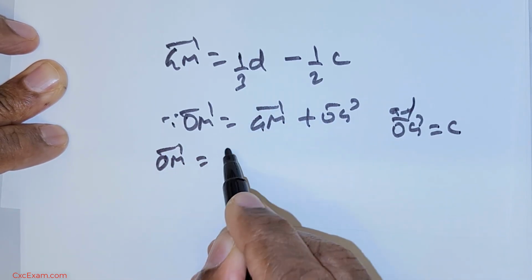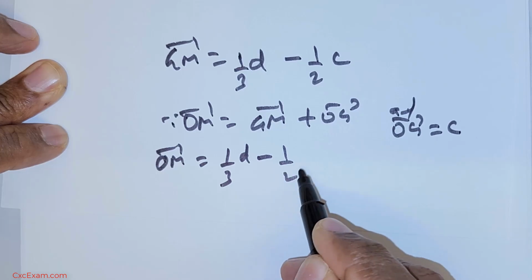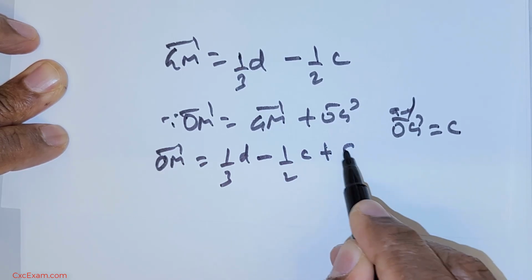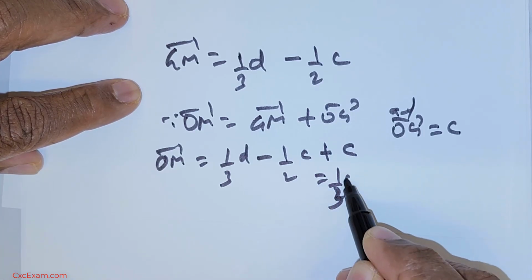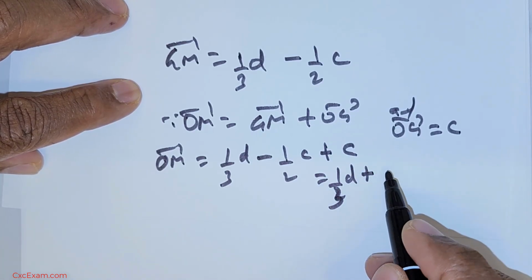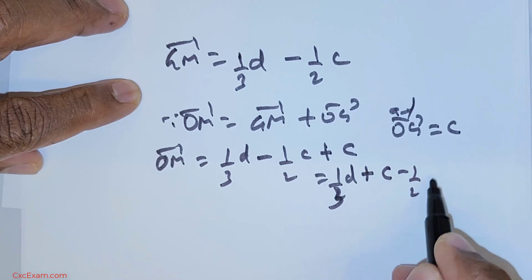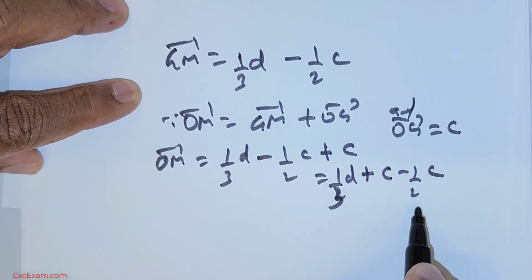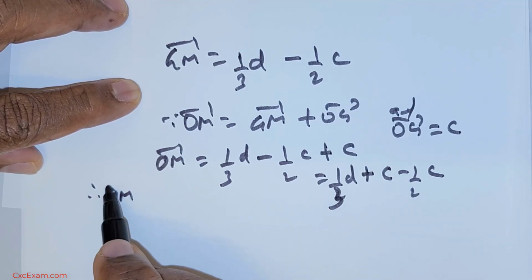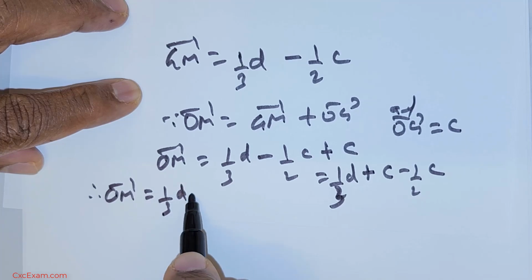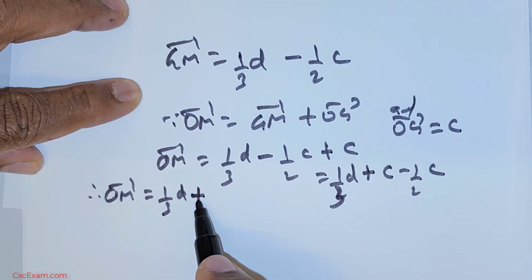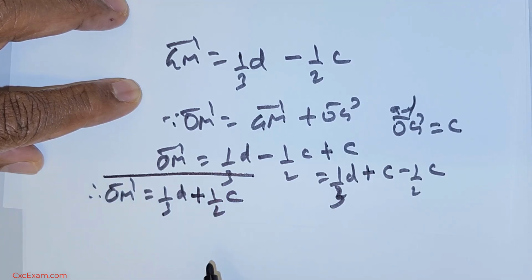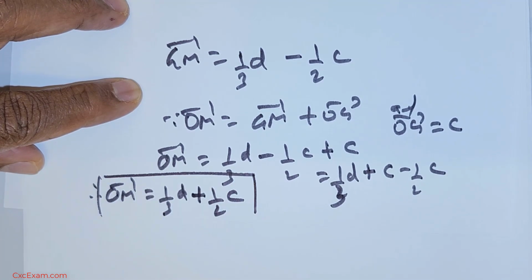So OM is equal to 1 over 3 times D negative 1 over 2 times C positive C. So this is 1 over 3 times D positive C negative 1 over 2 times C. And this is going to give me OM is equal to 1 over 3 times D. From C you take away 1 over 2 times C, so it's going to be 1 over 2 times C. So this is the final solution for this question.